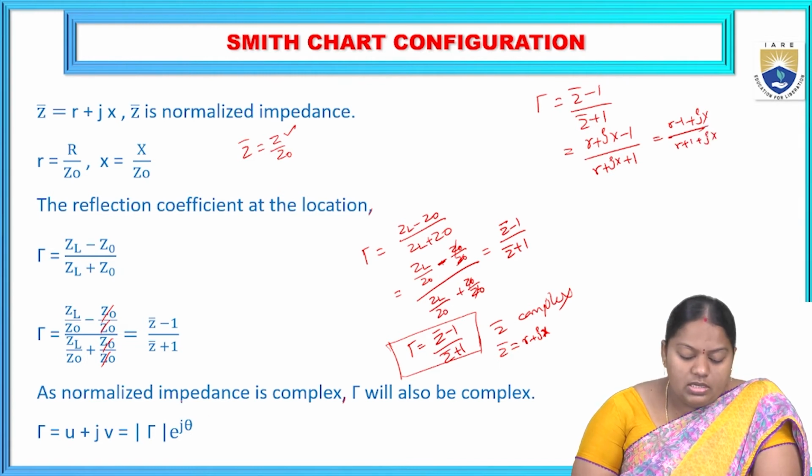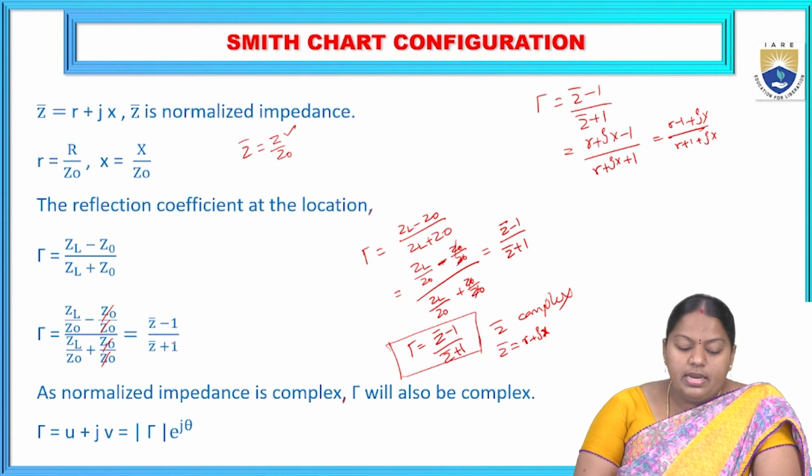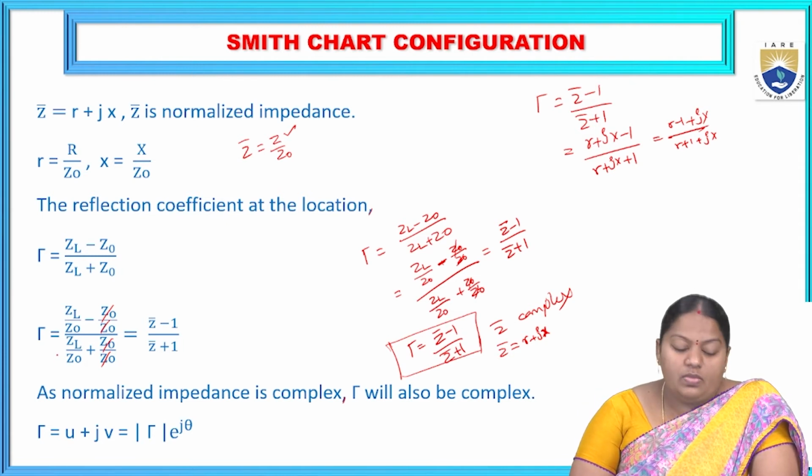We know that gamma is equal to Z bar minus 1 by Z bar plus 1.